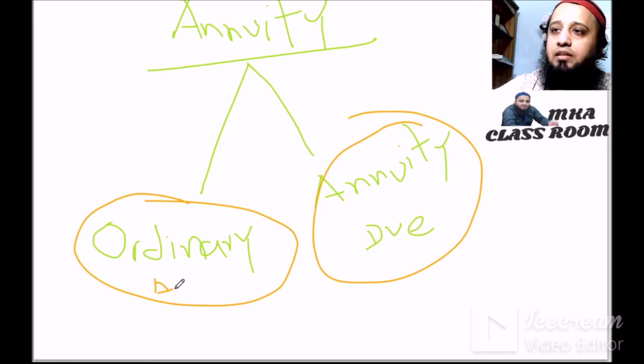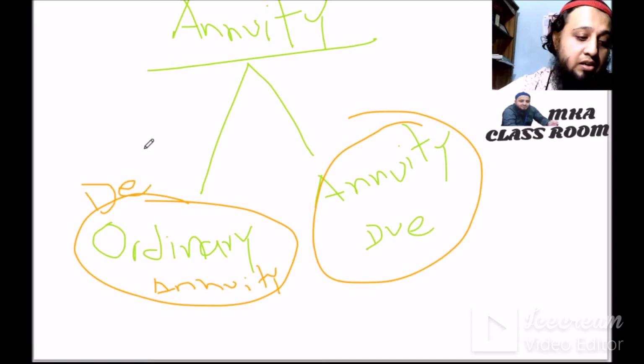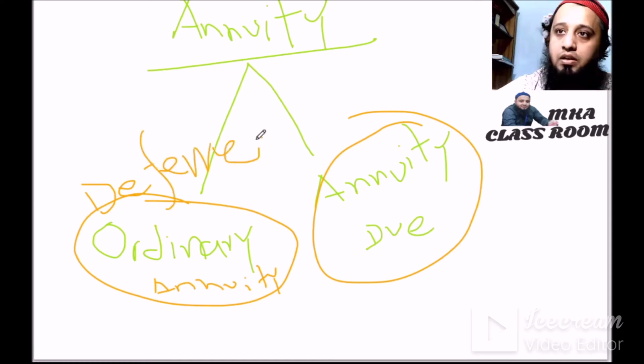So ordinary annuity has another name, that is called deferred annuity.